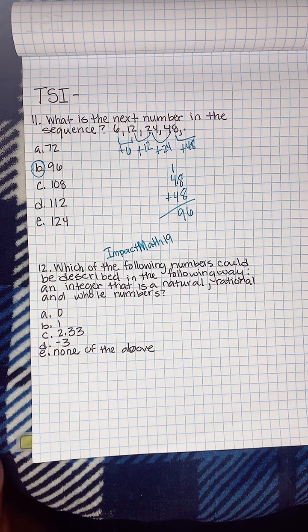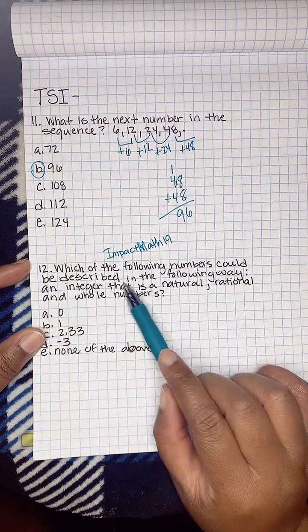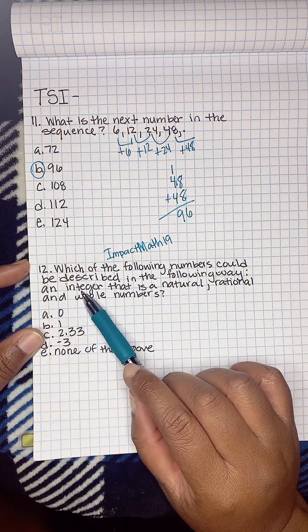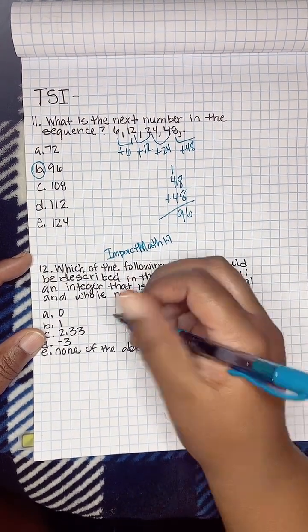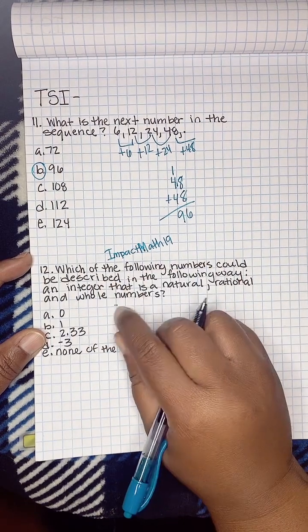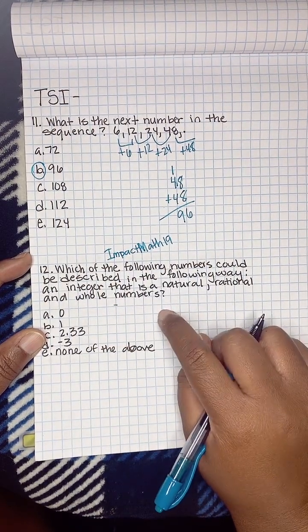So somebody said A. Okay, I got A, I got B, and whole. Okay, so described in the following way: an integer. So integers are numbers from negative to positive. You can have negative whole numbers and positive whole numbers.